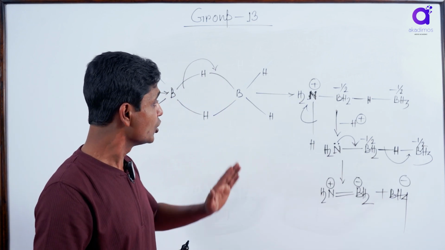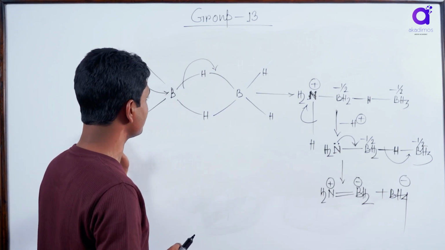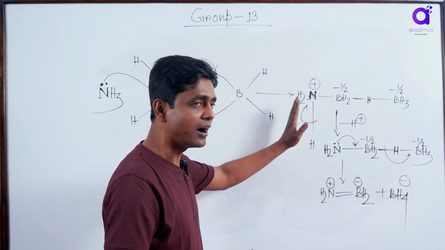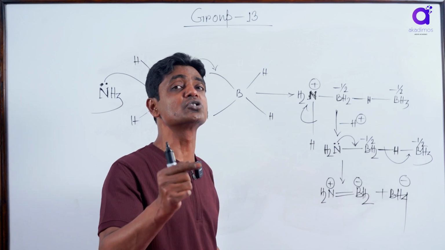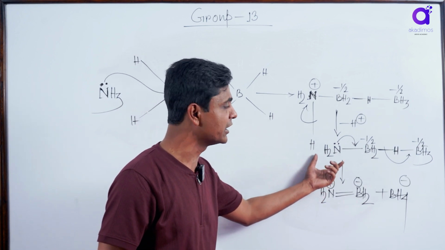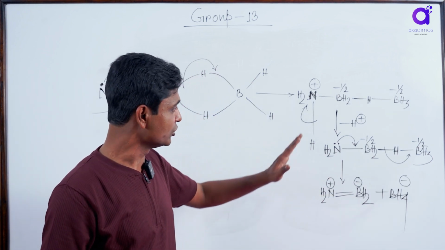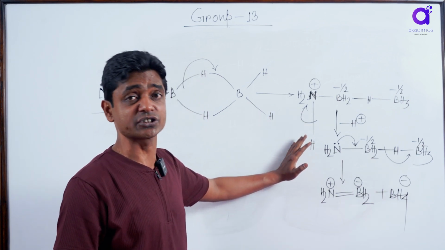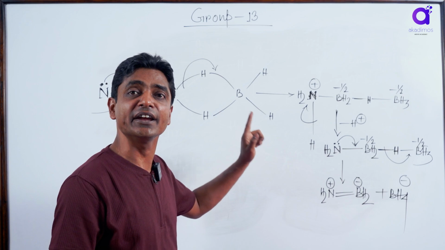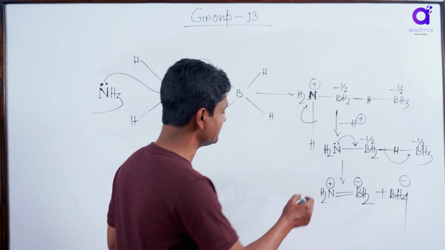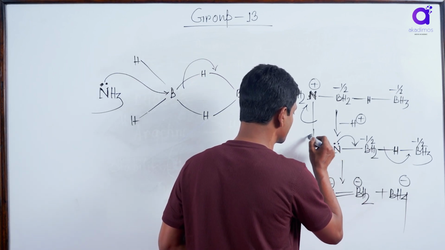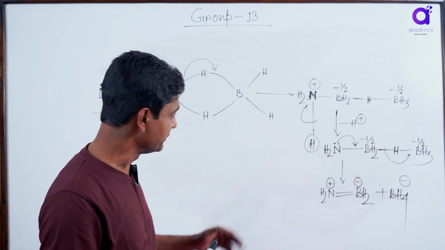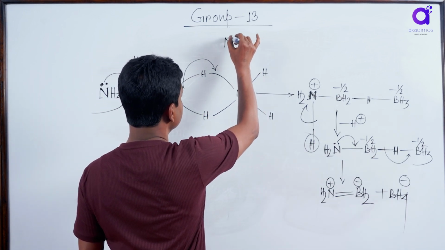Now the question is, when is it possible? After attack, nitrogen becomes plus. That means the condition is that after attack it should get neutralized, then it will become a base again, and it will neutralize if there is hydrogen. That means if there is hydrogen on nitrogen, then you will get heterolytic cleavage. Tell me, why do you get hydrogen?